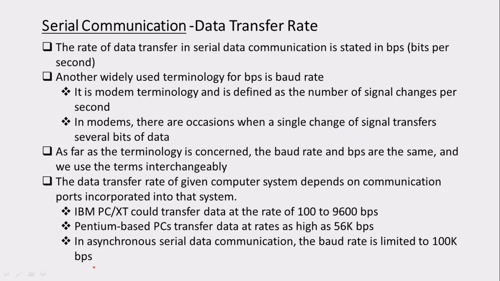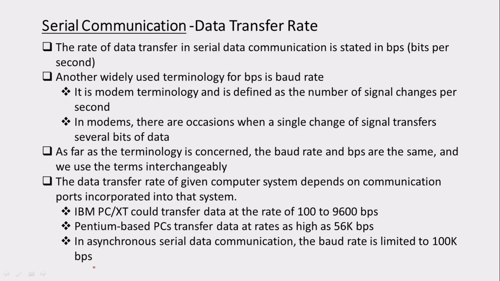When the Pentium PCs came, they had a baud rate as high as 56,000. In asynchronous communication, baud rate is limited to 100,000, that is 100k bits per second.